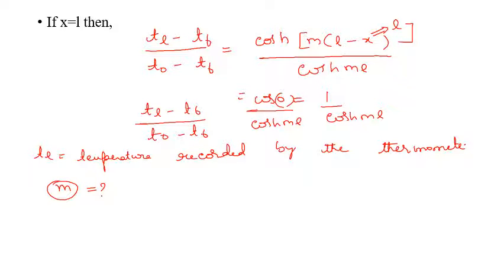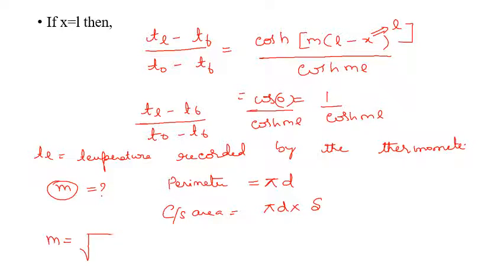For that, let us see what the perimeter is. The perimeter of a circular section is given as pi d, and we are neglecting the thickness over here. And what is the cross sectional area? Cross sectional area is equal to pi d into thickness, that is delta. So we know that m is equal to square root of hP by kA, where A is the cross sectional area.